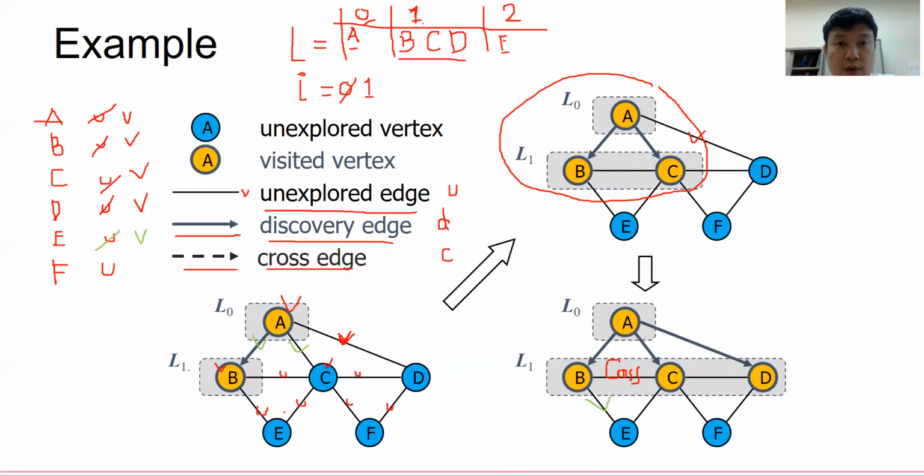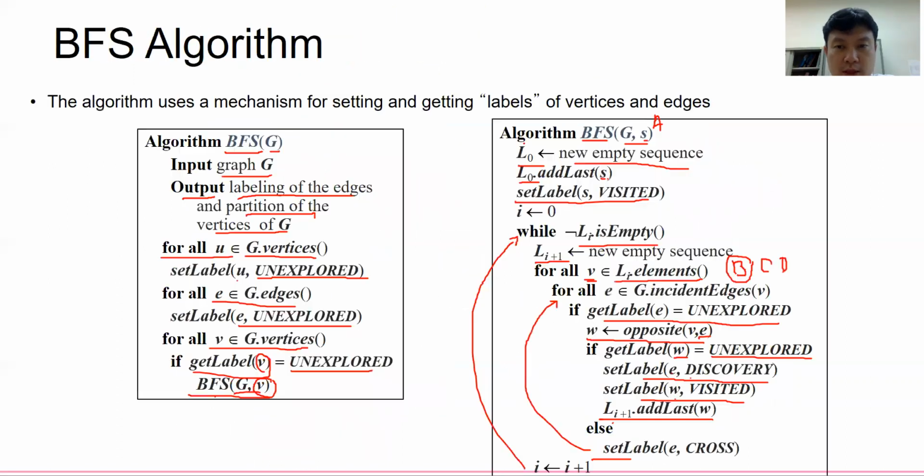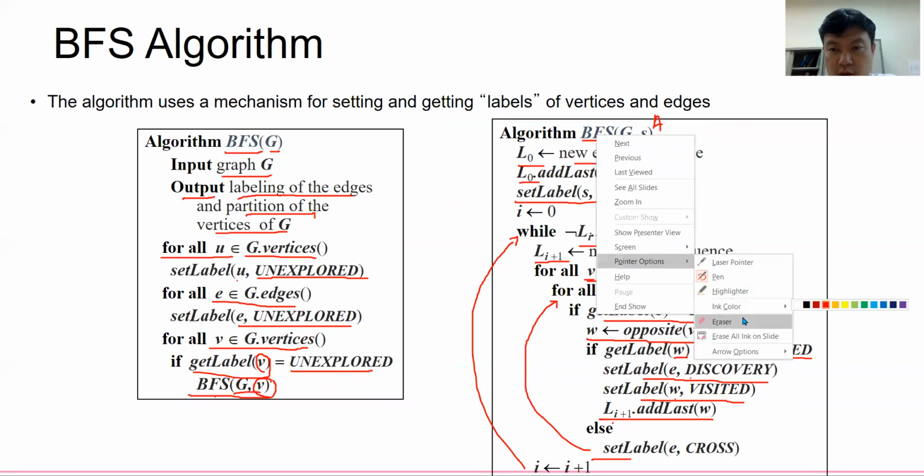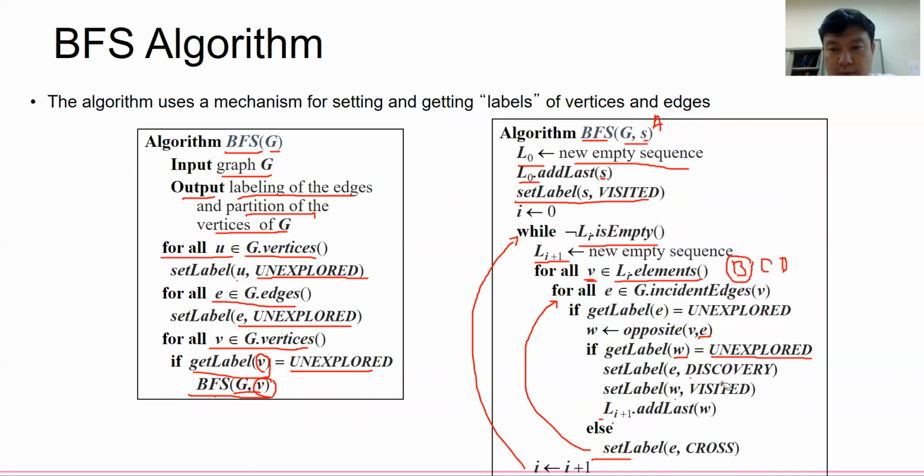So what we can do is go to the next node, which is C. We finish with all these steps, and the incident edges of B have been finished.